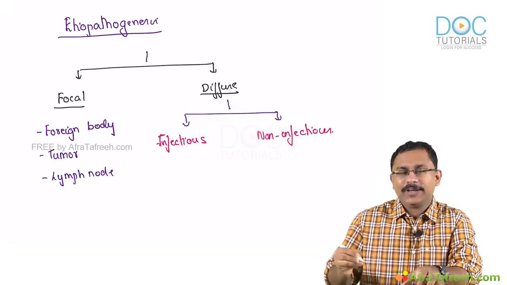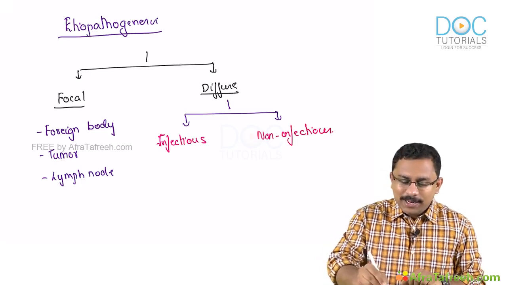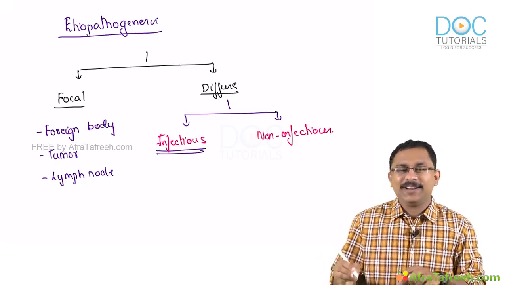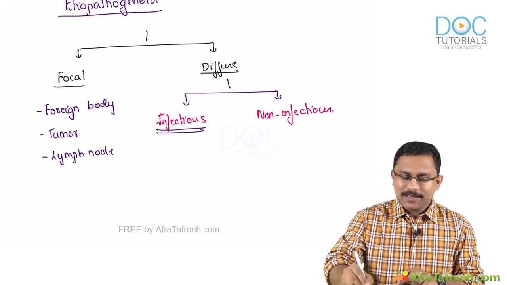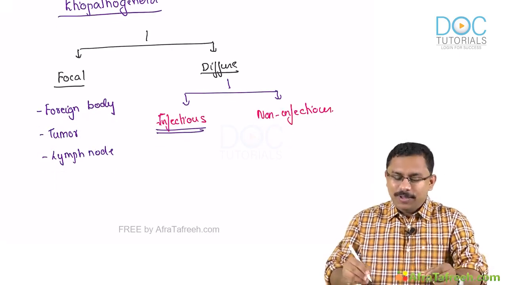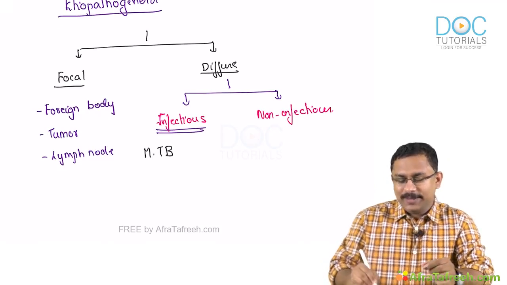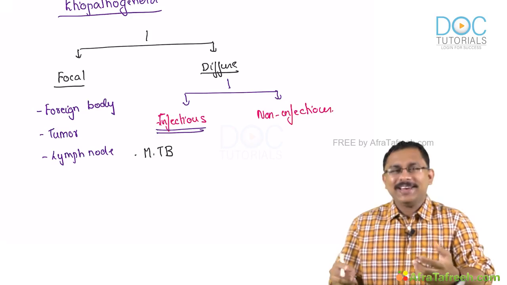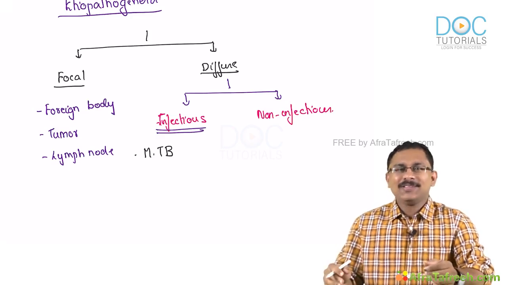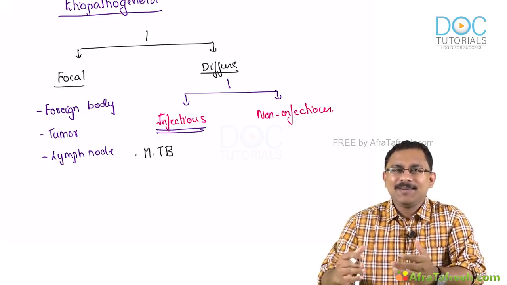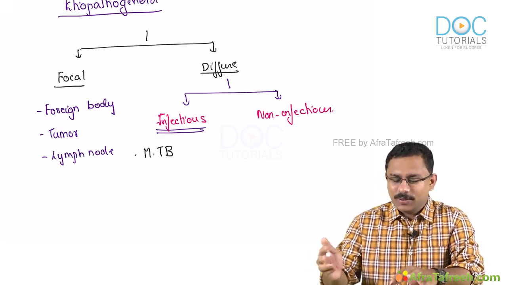Now, what are the infectious causes of a diffuse bronchiectasis? Infectious causes could be because of, say, Mycobacterium tuberculosis, again a very common infective organism in our setting. So that can very well cause a bronchiectasis.